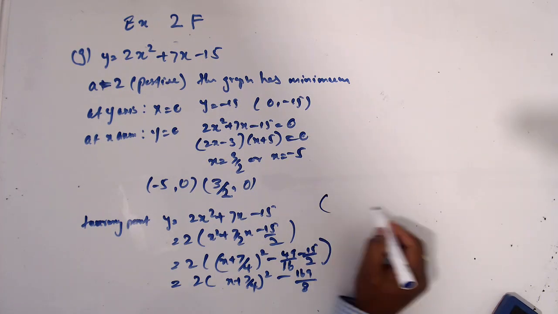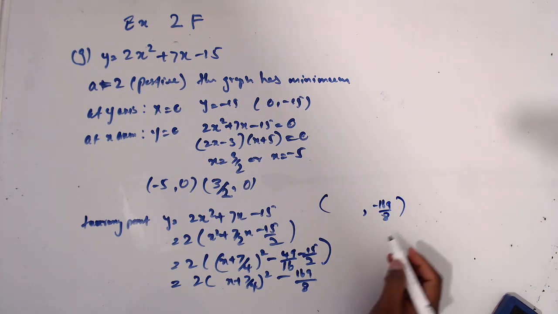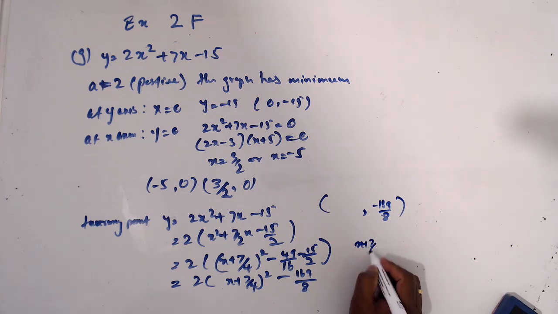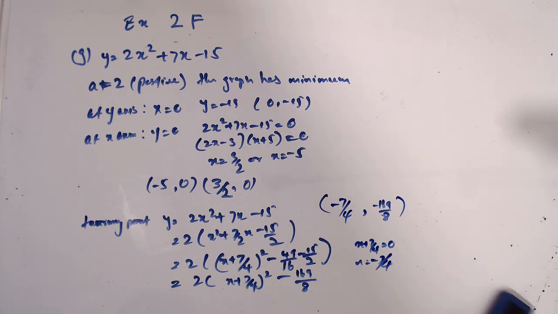So the turning point is minus 169 over 8 and minus 7 over 4.